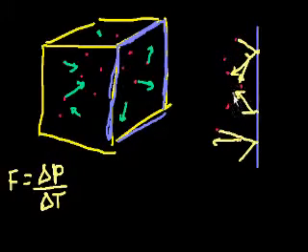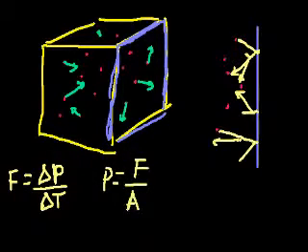But we can say on average, this many particles are changing momentum on this wall in this amount of time, and so the force exerted on this surface is going to be whatever, x. And then if we know what that force is and we know the area of the wall, we could figure out pressure, right? Because pressure is equal to force divided by area.